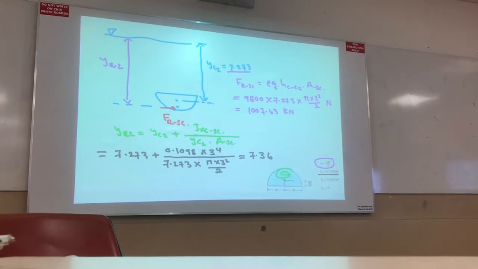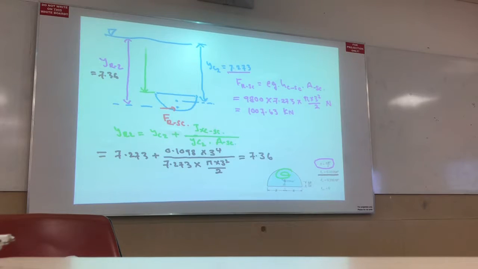So this value is 7.36, right? And the distance from the water surface to this point is 6 meters. So what is the distance from the center of pressure to the shaft? This one, right?